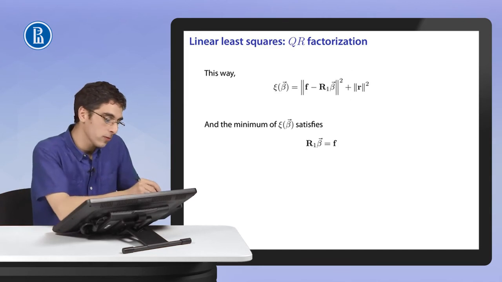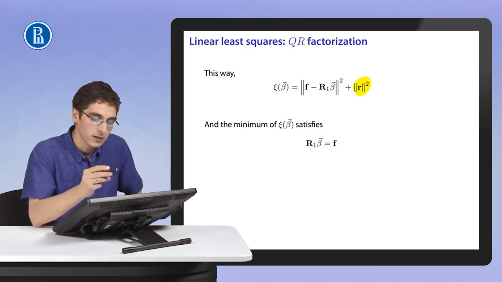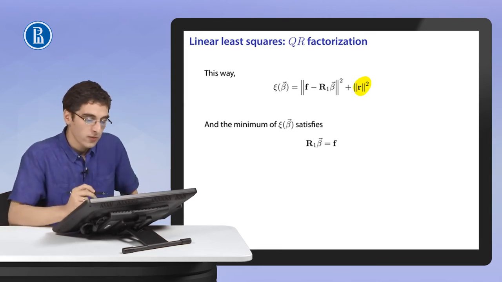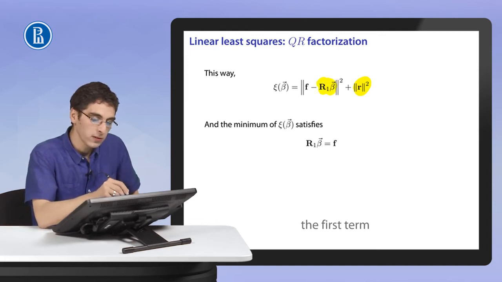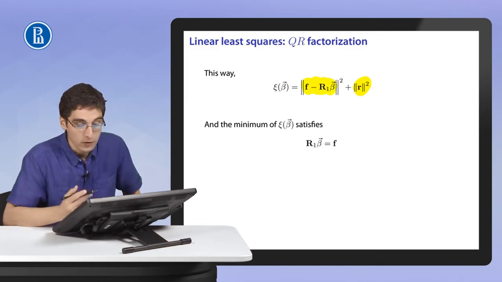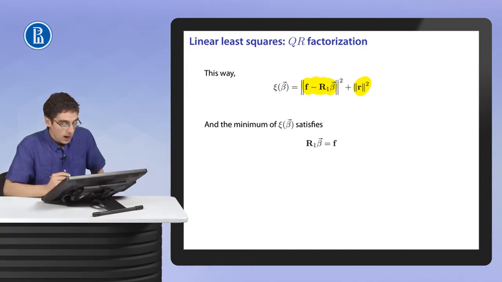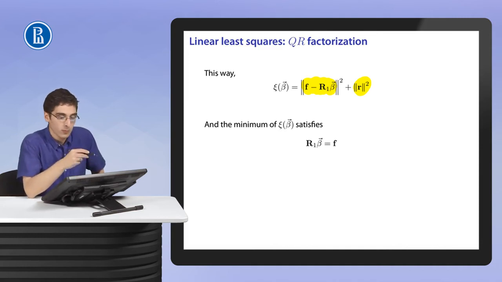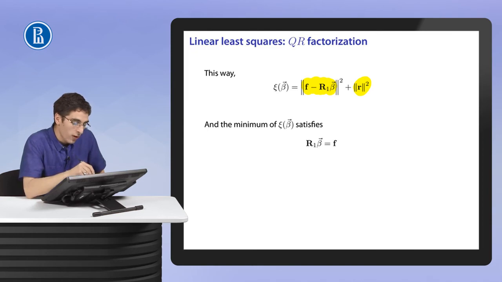One is independent of beta, that's just a constant term. And the second term we can do something about, because it does depend on beta. And clearly the minimum of our cost function is achieved for the beta which makes this first term equal 0, so that the minimum which we're looking at satisfies this linear system.